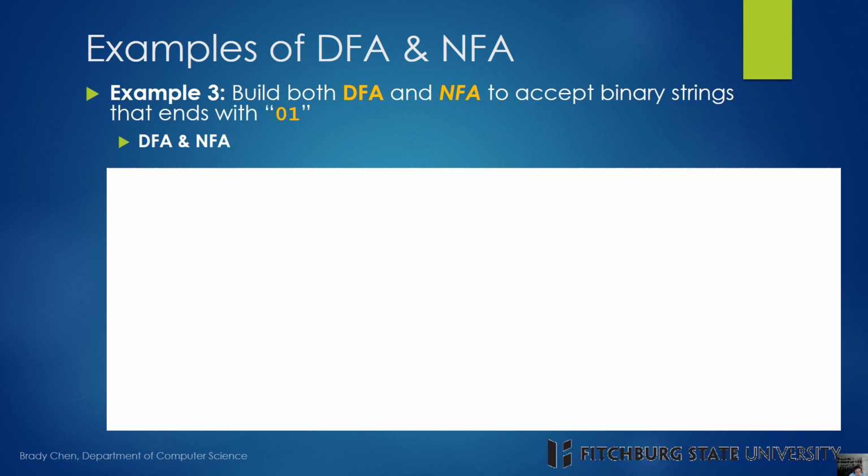That means we want to build a finite automata, whether it's a DFA or NFA, that accepts the strings that end with 01. So the strings the finite automata can accept are 01, 001, because that ends with 01, or 101, 0001, or 1001, and so on.